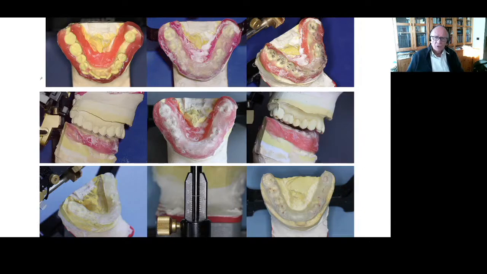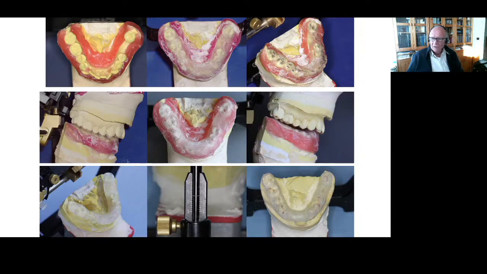And the steps of the realization of the splint will be described during the practical days. Cast maintained in a therapeutical reference position, you add resin, you adjust the splint on the articulator. And when it is adjusted, you can test the movement and finish and polish it.